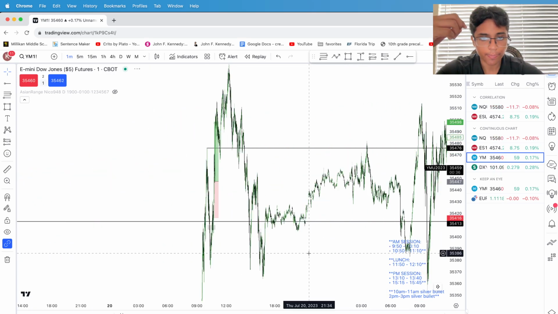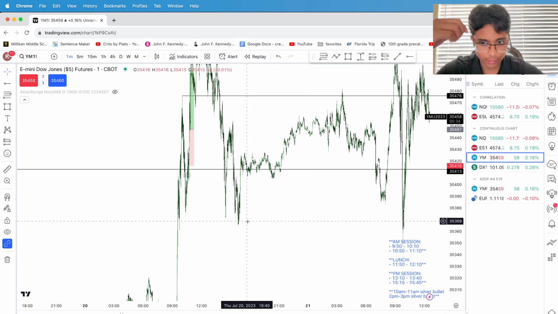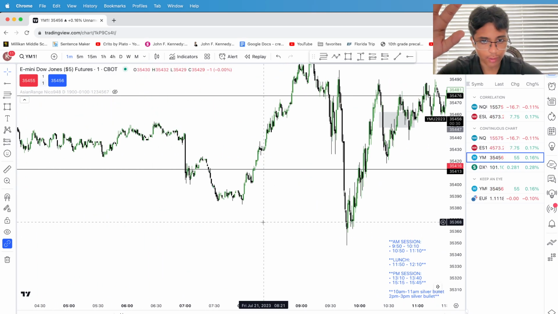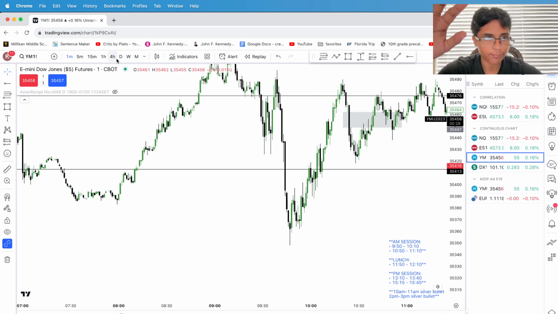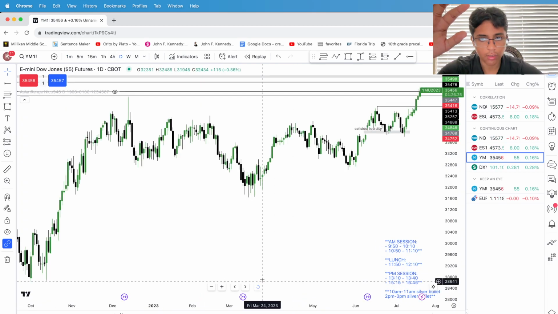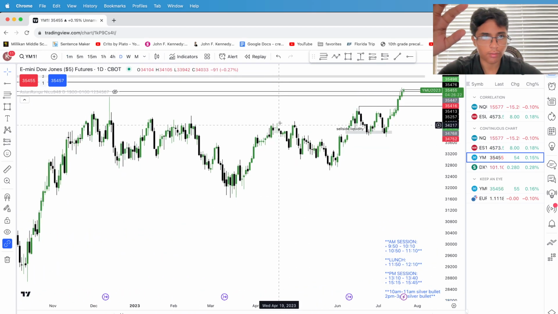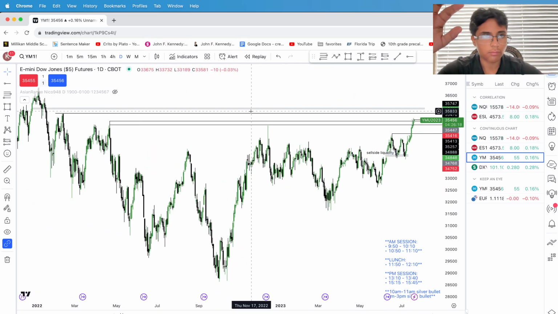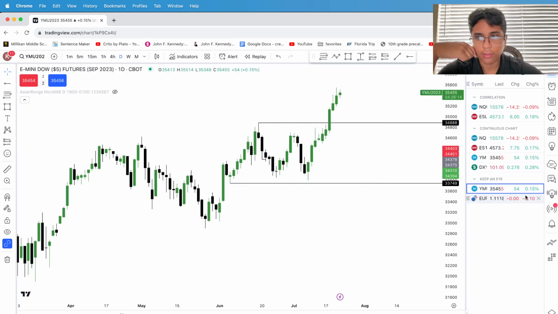And so I obviously knew that they had taken liquidity, for sure I knew that, but the thing is I didn't want to take a buy because, as you can see on the daily chart, we had tapped into a, where is it at?